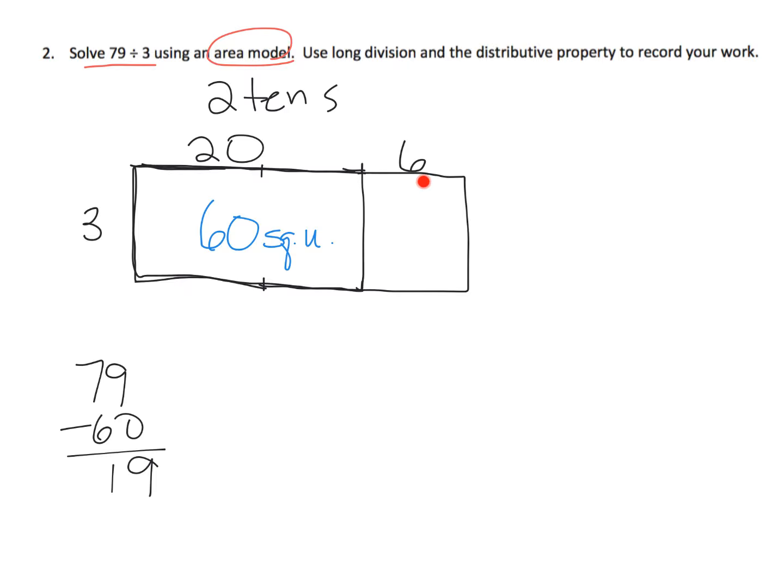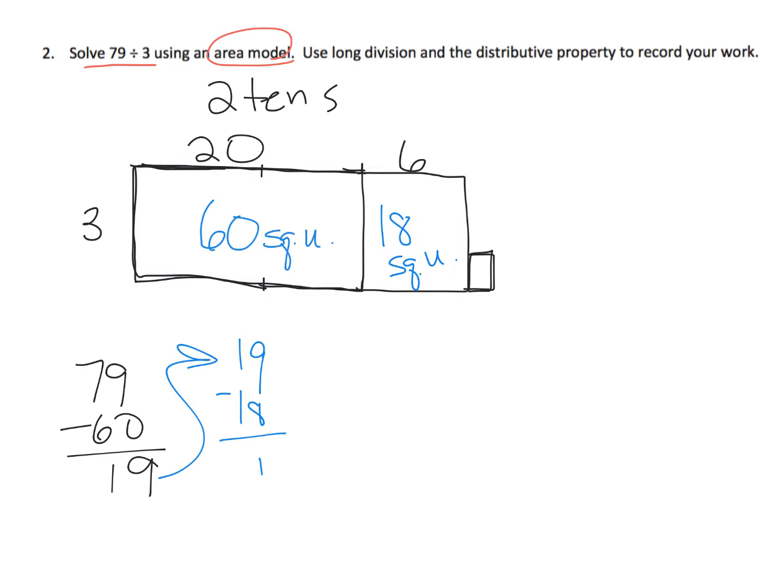Notice it's not really proportional, but that tells us that we have an area of 18 square units. And right now, we had 19 left over. We just used 18. So we have 1 little unit left over right there.